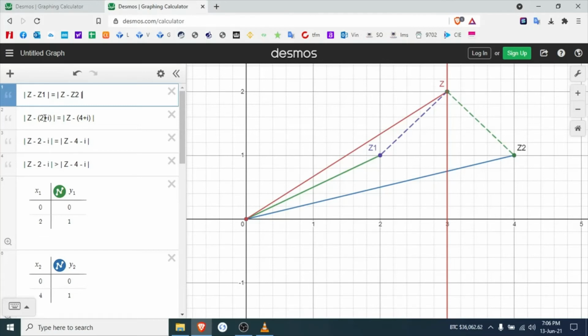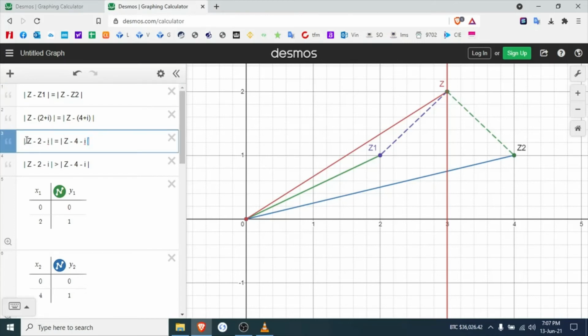The next bit I need to look at is z2. The real part is 4 on the x-axis, and the imaginary part is again i. So this is z minus (4 plus i) in brackets, remember. I've written the same thing again down here, just I've expanded the brackets, multiplied through by the negative, and that's what I get there.